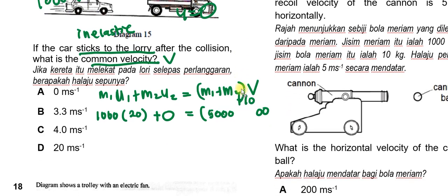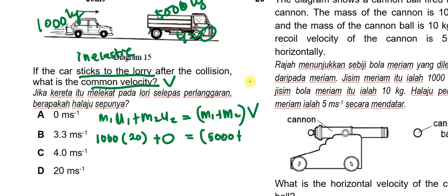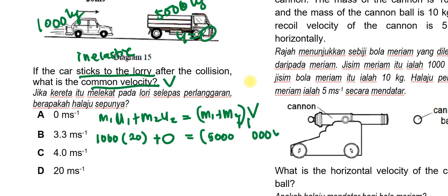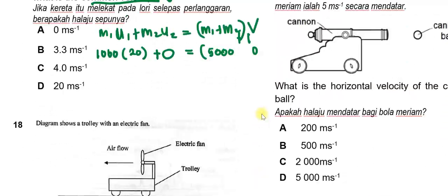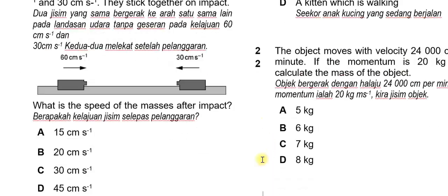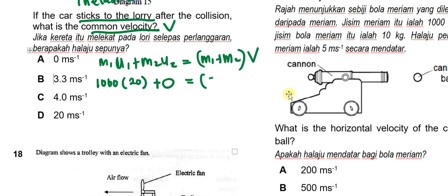I think it doesn't allow me to write there. Okay, never mind, I write there: 6000, straight away. 6000 V, 5000 plus 1000.